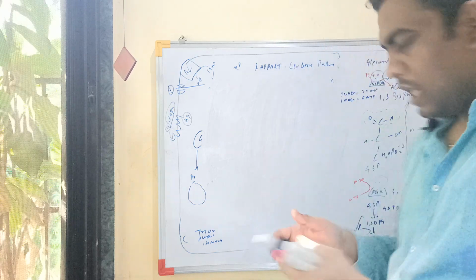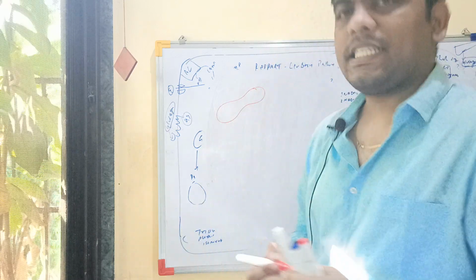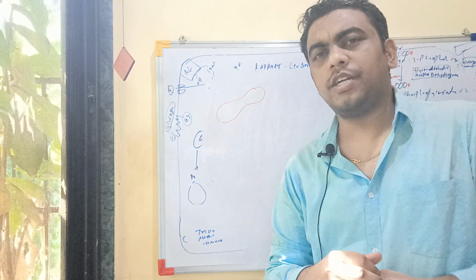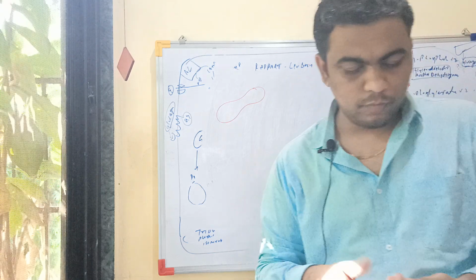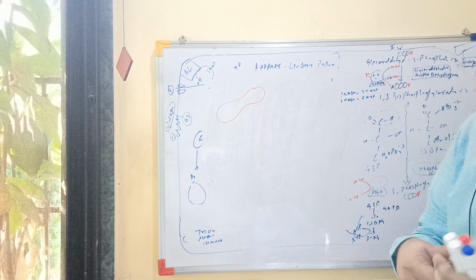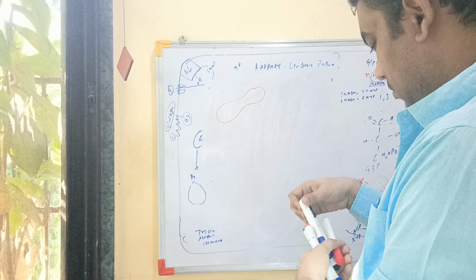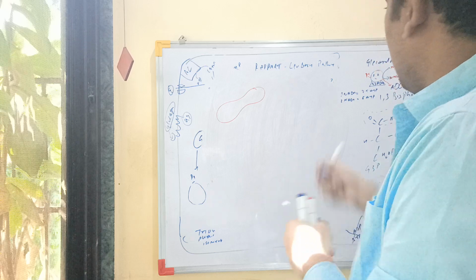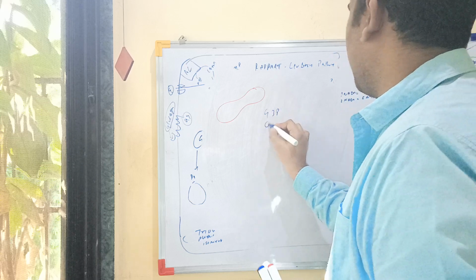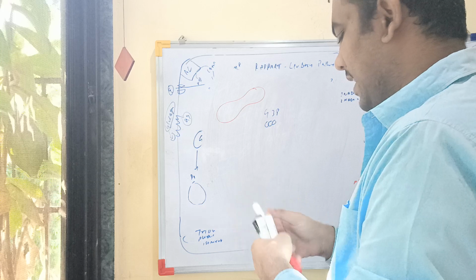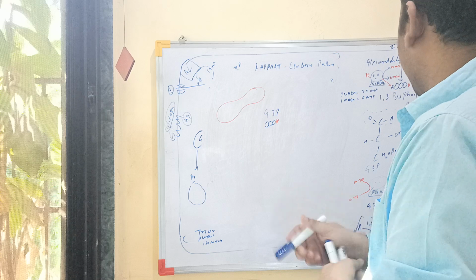Let me tell you. There are some RBCs, let's say 20-30% of RBCs, which run this pathway. Sometimes what happens, you have glyceraldehyde 3-phosphate.